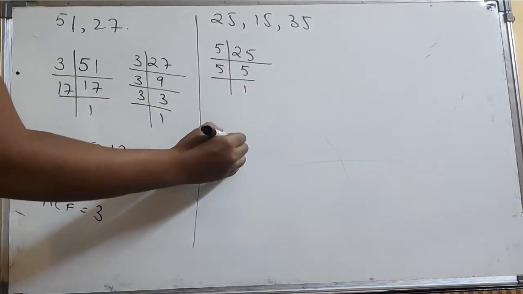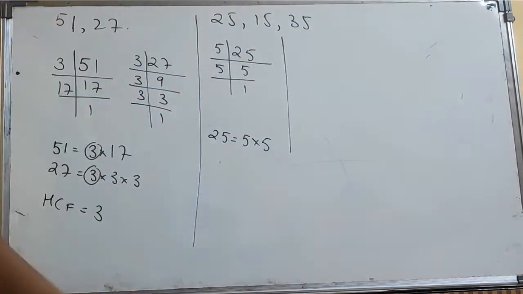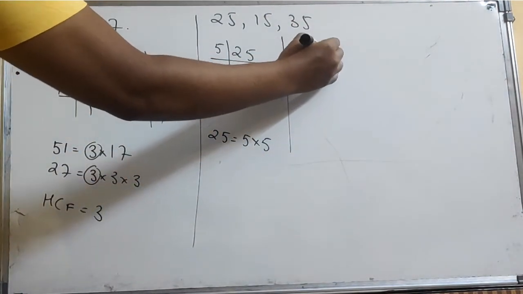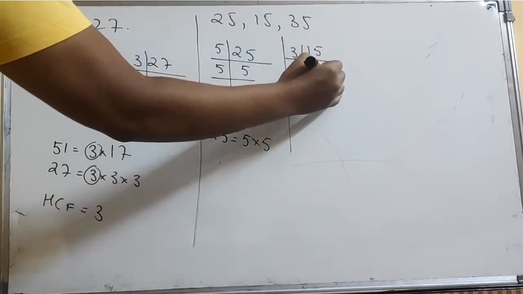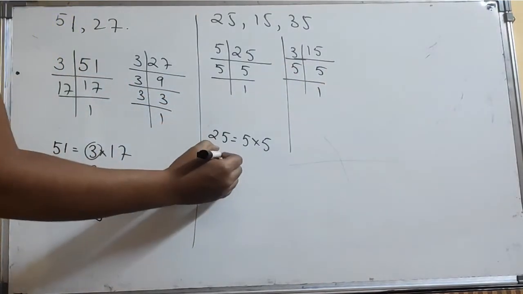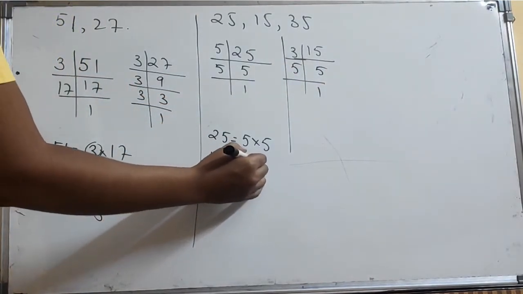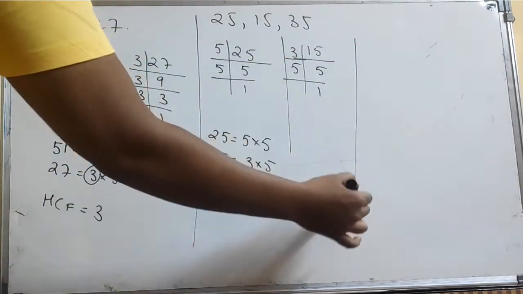So 25 can be written as 5 multiplied by 5. Then I have got 15. 3 fives are 15, 5 ones are 5, 1. So 15 can be written as 3 multiplied by 5. And you have 35.